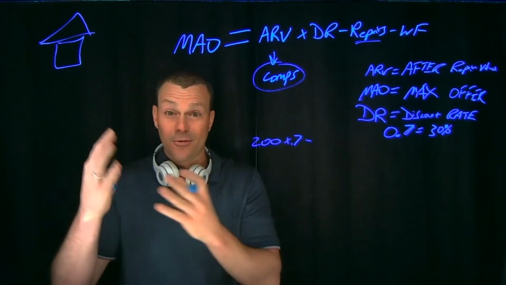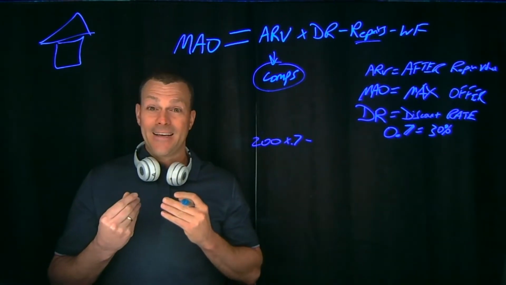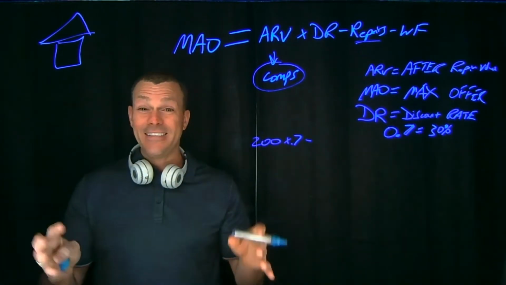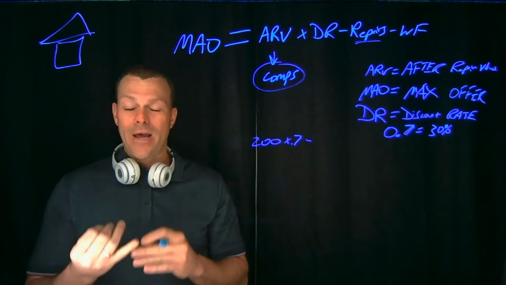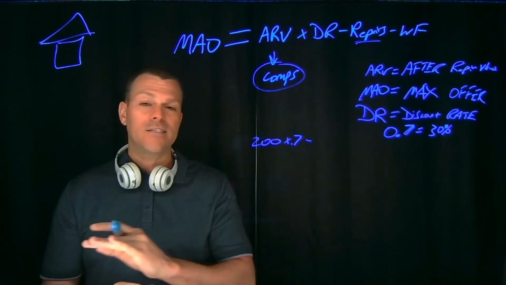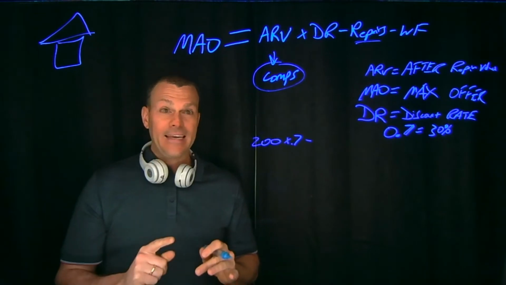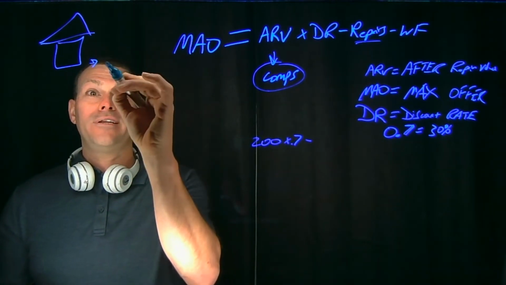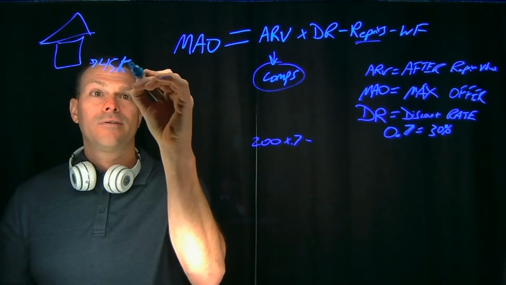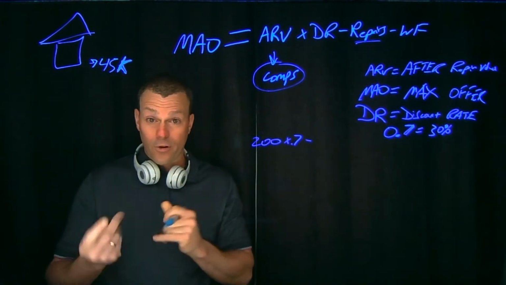We find a seller, they're motivated, and we call them up and say, we want to buy your property. We're going to make it really easy for you. We're going to buy it quick and pay you cash, and it's going to be as is. So you don't need to clean it up or fix it or any of that stuff. And let's say that this property really needs like $45,000 worth of work, 45K.